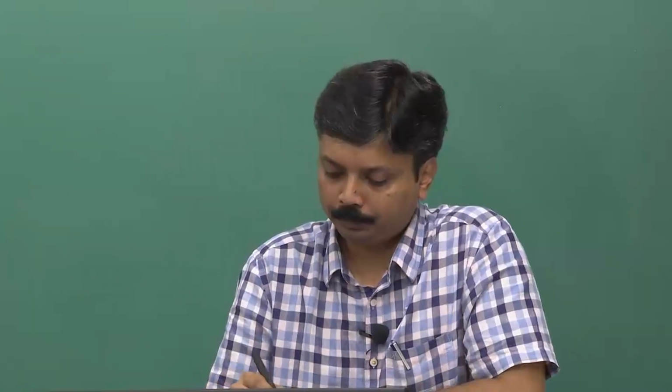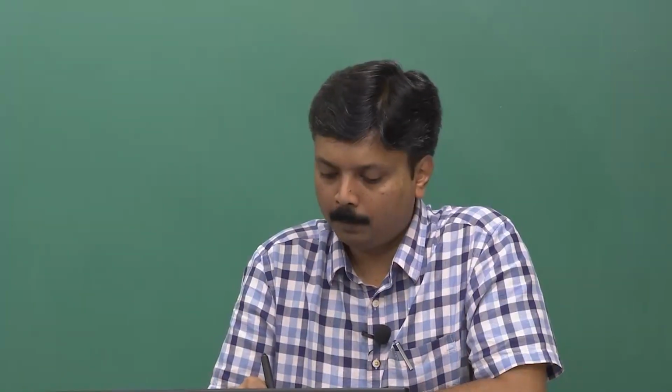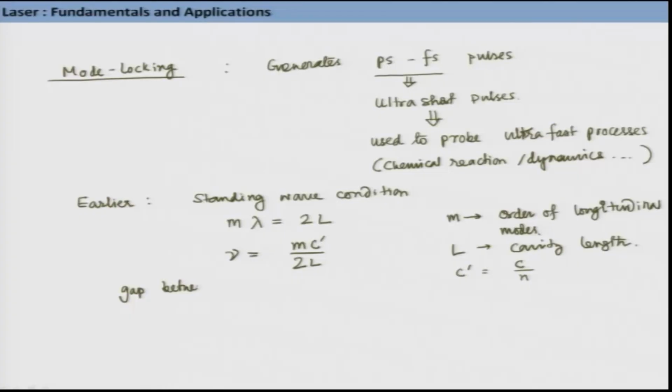The gap between modes is given by delta nu, and delta nu is equal to c by 2L, correct. Now, what is the approximate number?